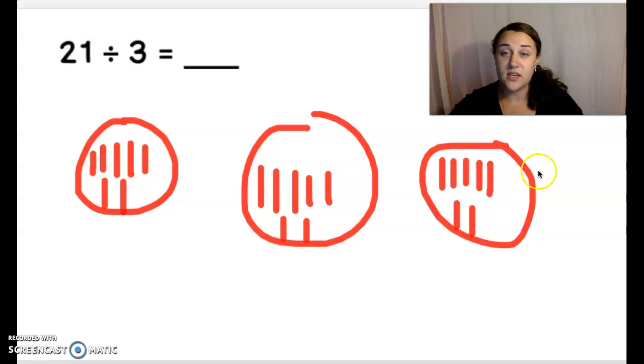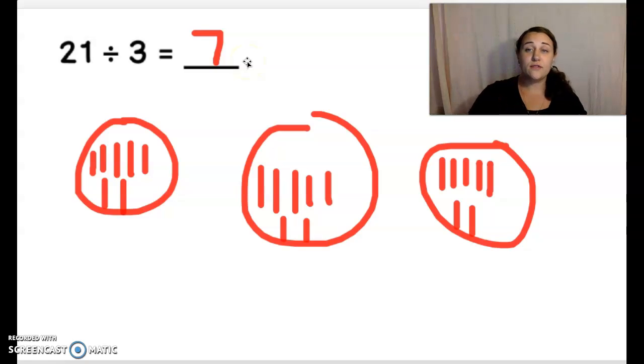So now I finished 21. I have equal numbers in each group. I'm now going to count how many are in my first group. So 1, 2, 3, 4, 5, 6, 7. So 21 divided by 3 equals 7.